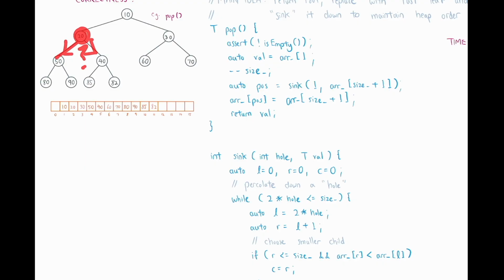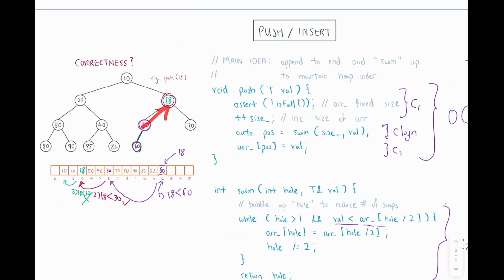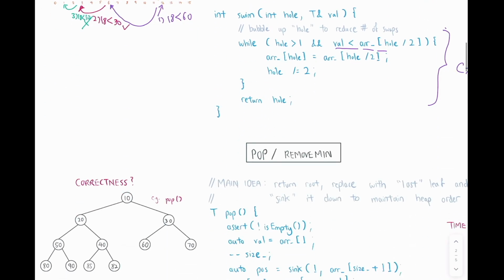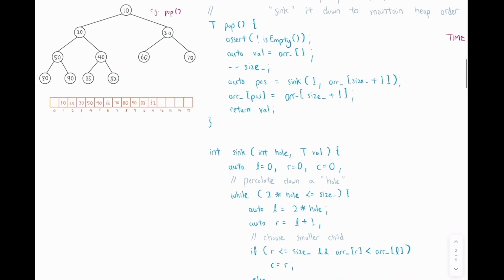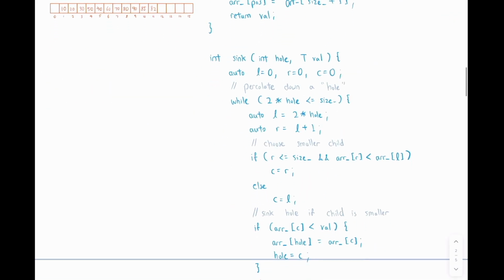We don't know which side. There are 2 choices now. Just now when we were swimming upwards, there's only one parent for any node. So swimming upwards, you just have one choice. You just go and check whether you need to swim the hole upwards. Whereas for sinking, you need to sink down, and there are two choices. So that's why we need to determine that.